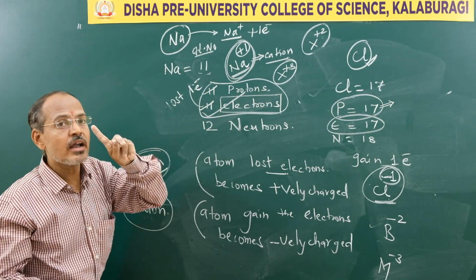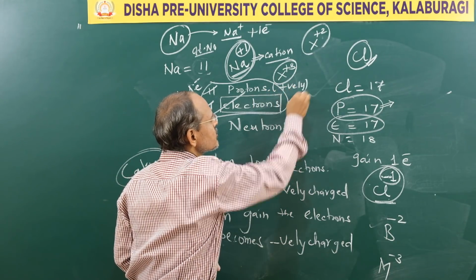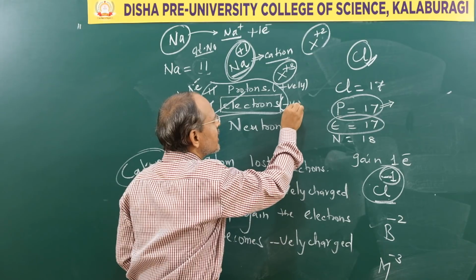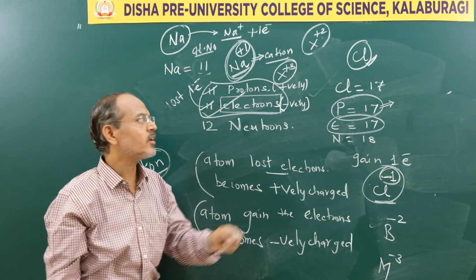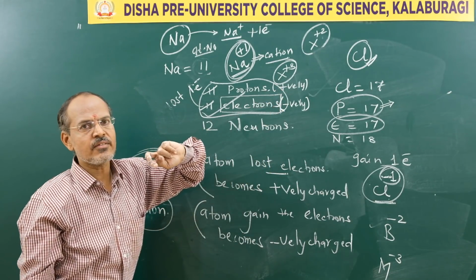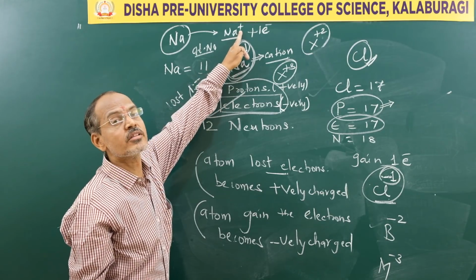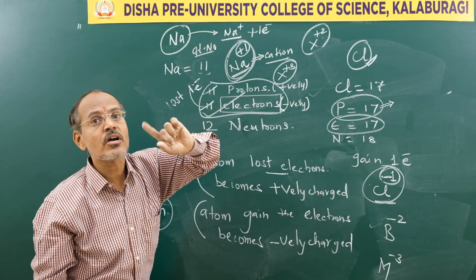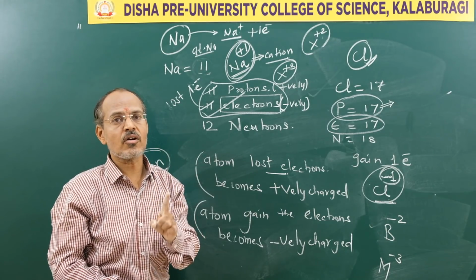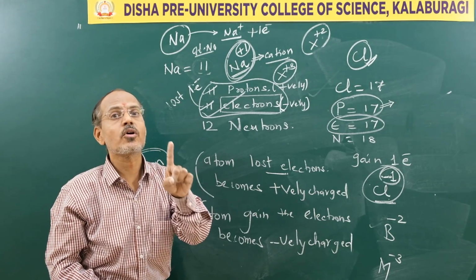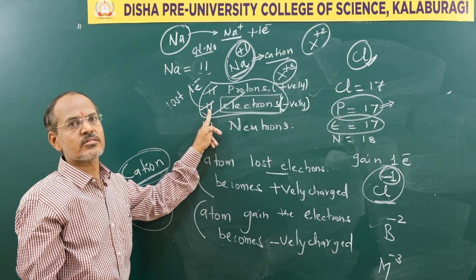We know that protons are positively charged, electrons are negatively charged. So therefore, here I will write a plus sign. What does this plus sign mean? Short of one electron, or I can say one proton is more as compared to the number of electrons.